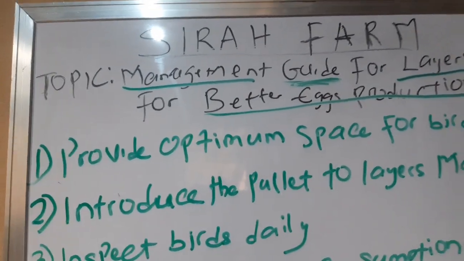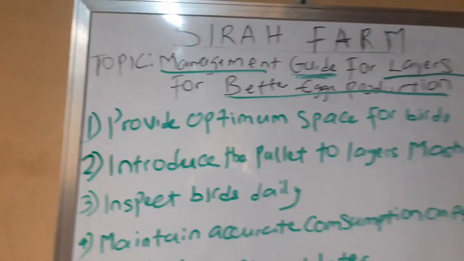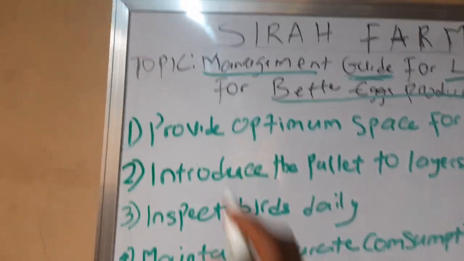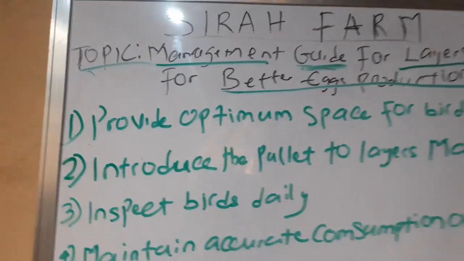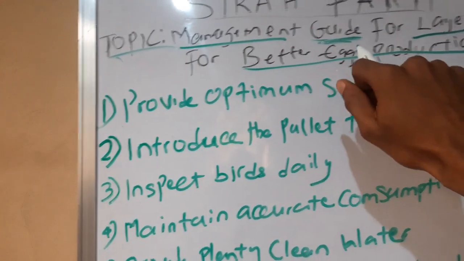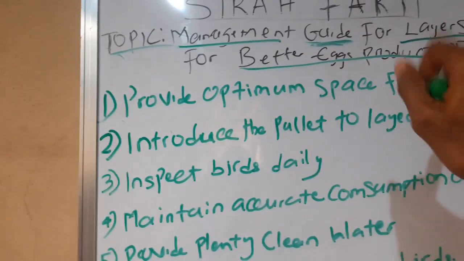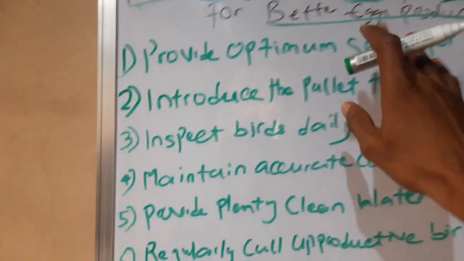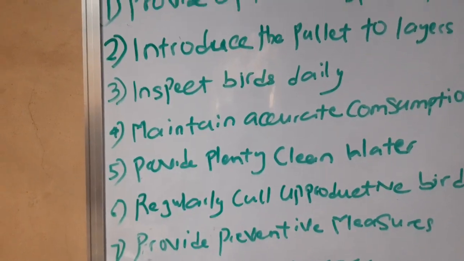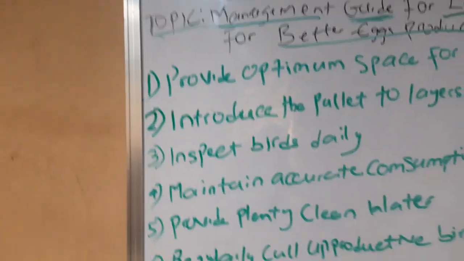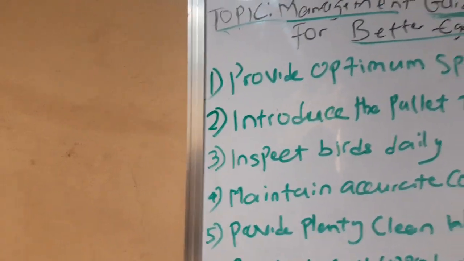That is the most important thing you need to know about this particular topic. So these are the guides that I have written, and we will start discussing them one after the other.